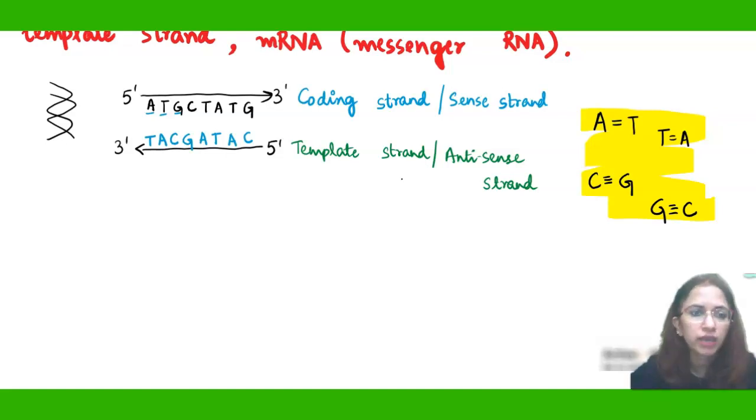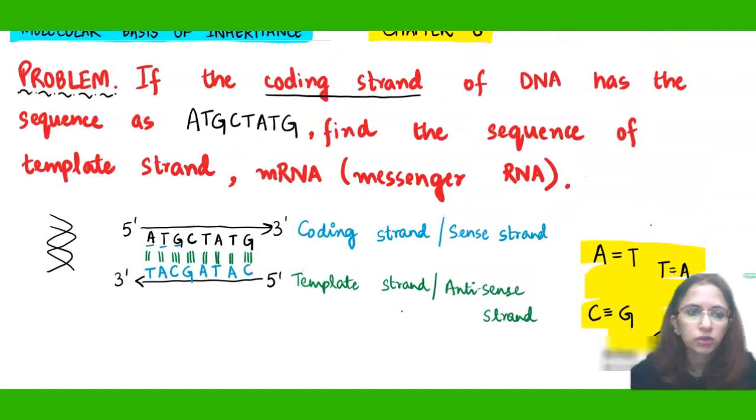Now we will make the hydrogen bonds. Here it will be 2, 2, 3, 3, 2, 2, 2 and the last 3. So that means we are done with the first answer, okay? Because they were asking about the template strand, right?